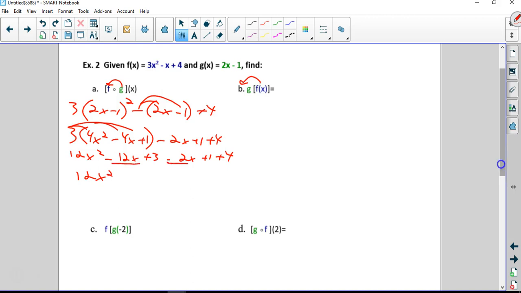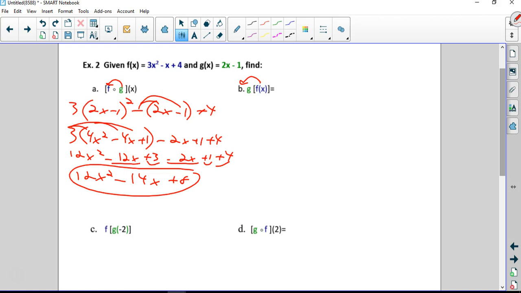Put the negative 12x with negative 2x and get negative 14x. You borrow $12, you borrow $2, you owe $14. And then I'm going to add 3 plus 1 plus 4, which is 8. And that's my answer. Just a bigger expression. That's how I know. 12x squared minus 14x plus 8. That's all we can do.